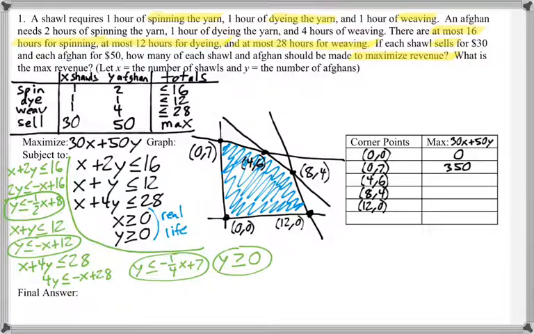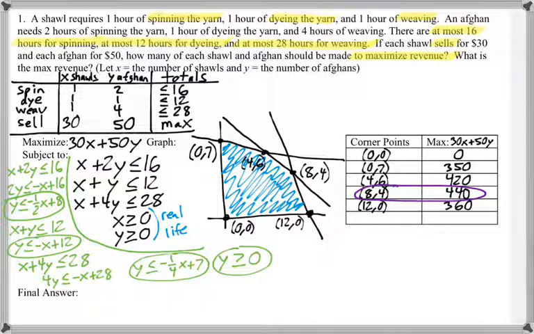If you plug in (4, 6), you get 420. If you plug in (8, 4), you get 440. And if you plug in (12, 0), you get 360. So our answer is going to be the 440.